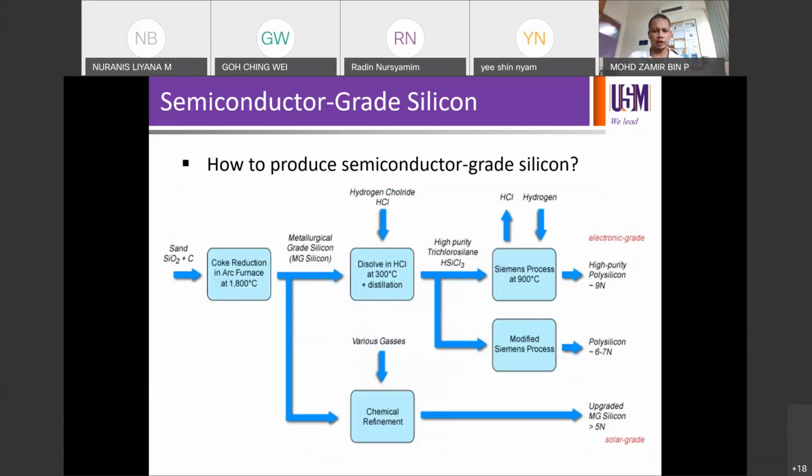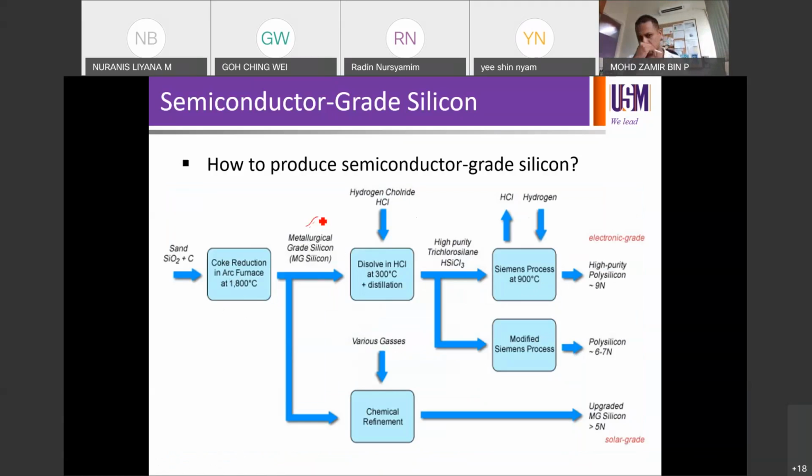So graphically, this is how the 3 steps look like. The first one is the coke reduction. There you can see the coke reduction in an arc furnace at 1800 degrees C to produce MG-Si. MG-Si is the output of the second step here.